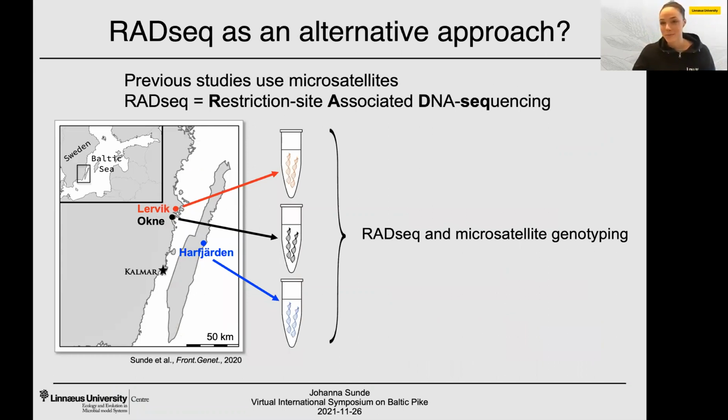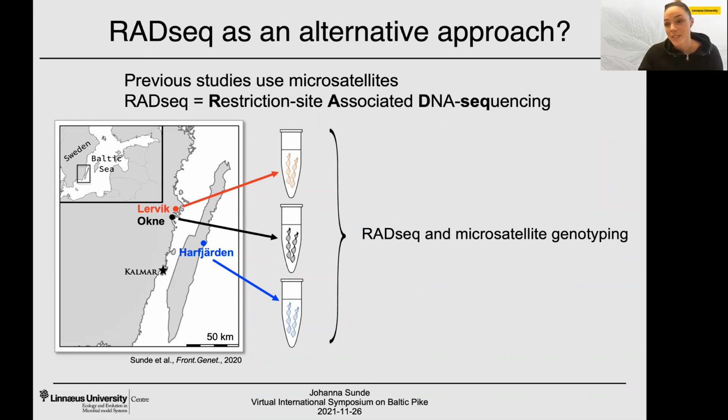First of all, we needed to find a way to increase the knowledge from previous studies, because they show contrasting results. It's a bit problematic and also interesting. One of the things we thought about is that almost all of the previous studies have utilized microsatellite markers, and in these studies relatively few markers are used, which limits the genomic information that you can get.